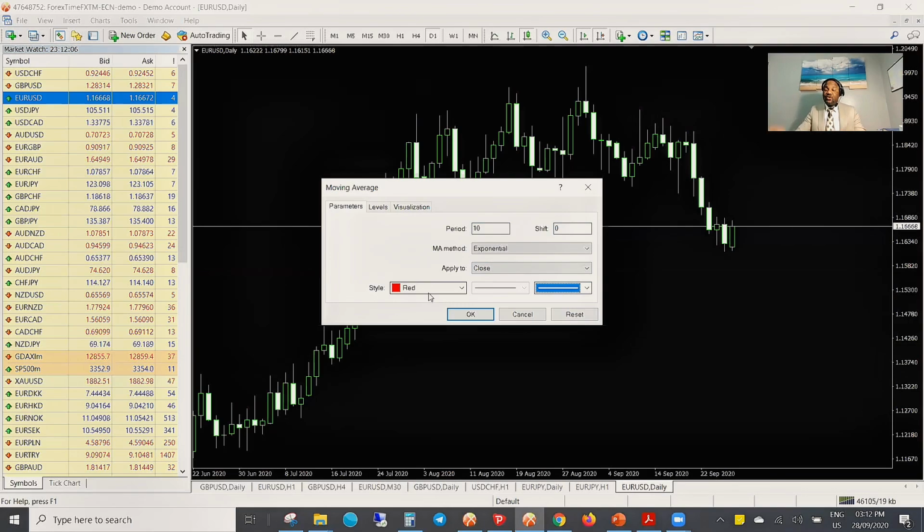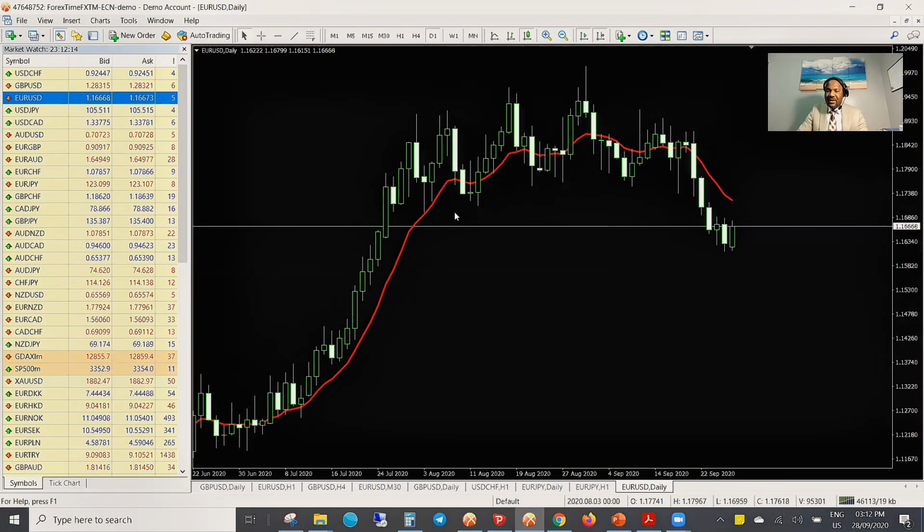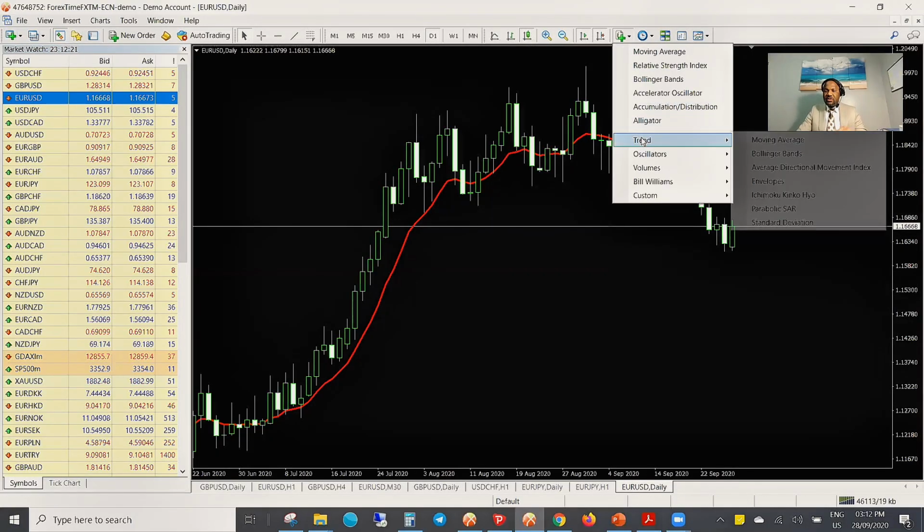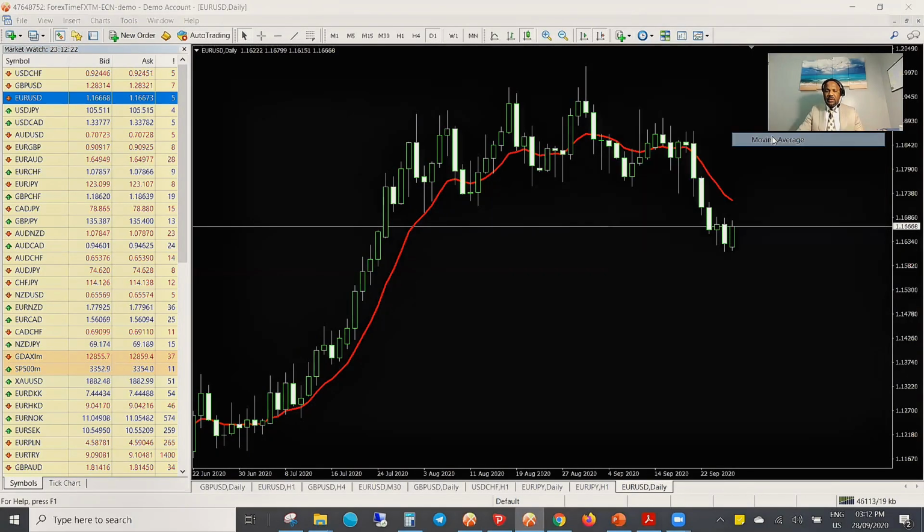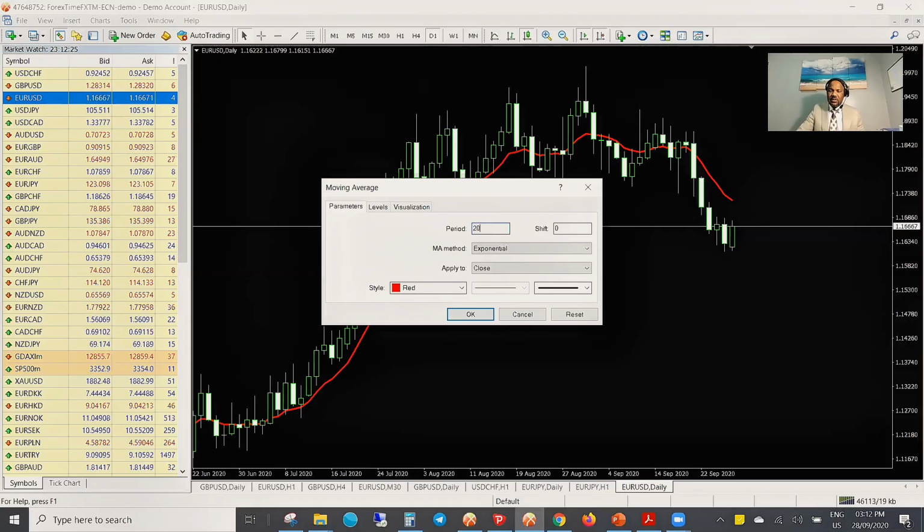Let's just have 2 colors to differentiate the 2 of them, okay? So we have red for the first one, and then we'll click OK. So this is our 10 moving average. Look at it, the red line. Then we'll set another one. Indicator, trend, moving average, then period 20, method exponential, then apply to, you change this one to open, right?